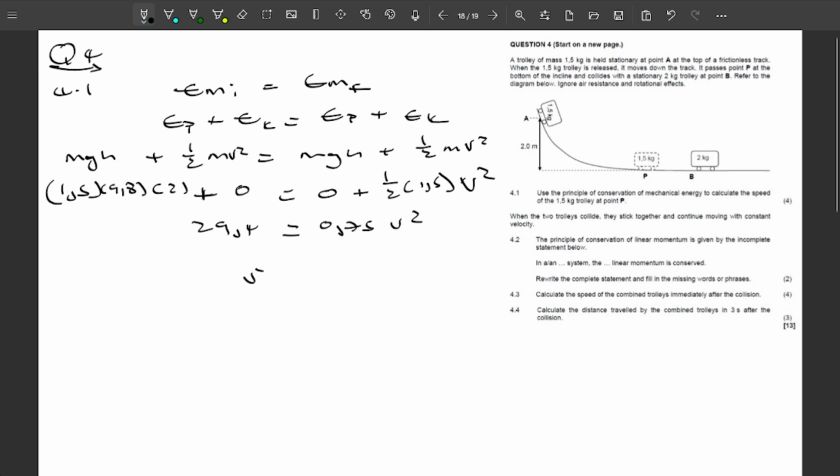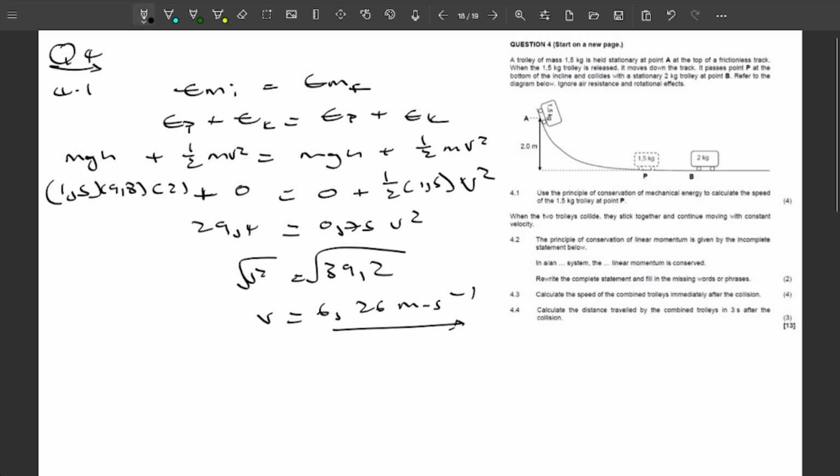Now divide both sides by 0.75, and you should get 39.2. Square root both sides, and your v is going to be 6.26 meters per second. Good, we're done with the first question.